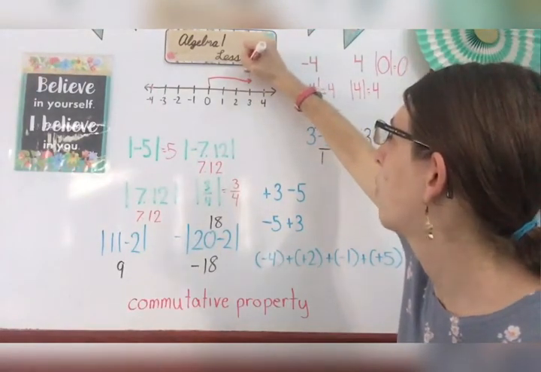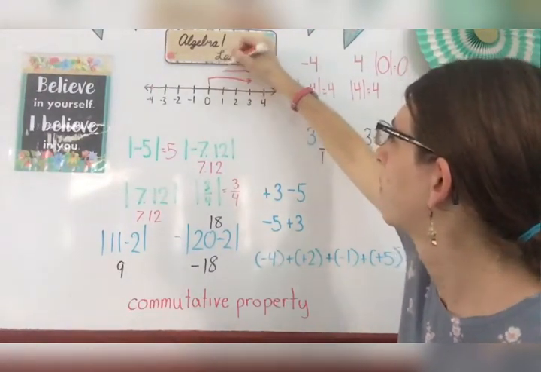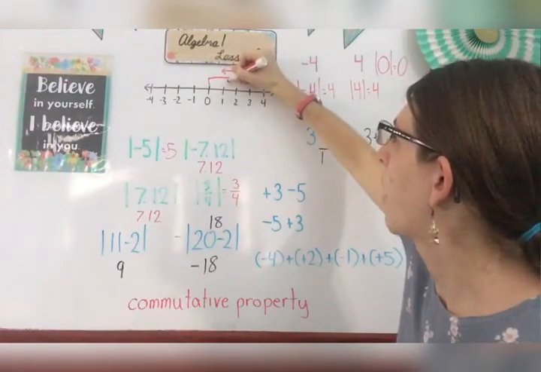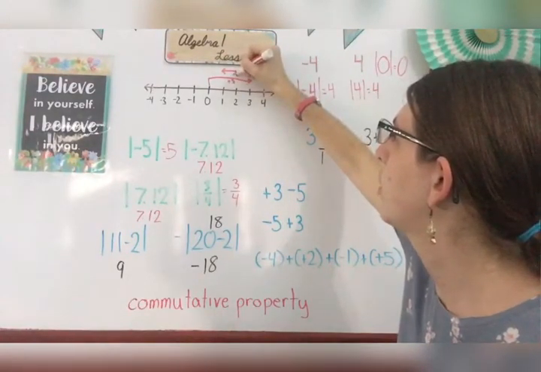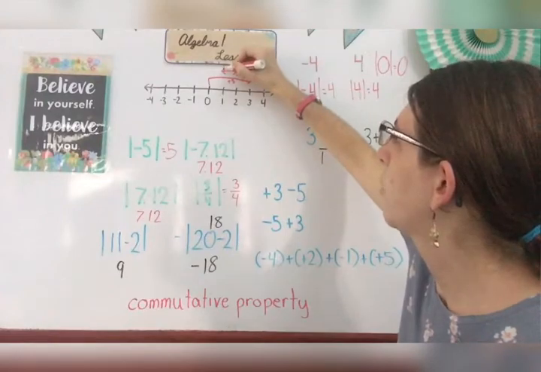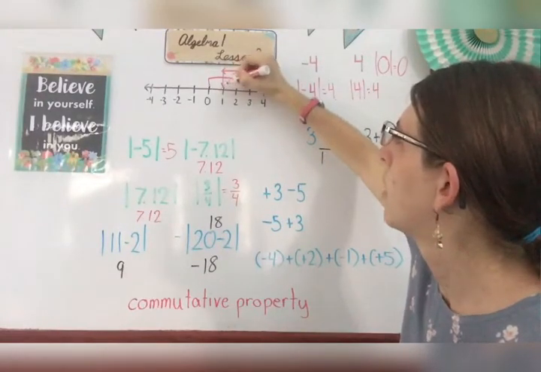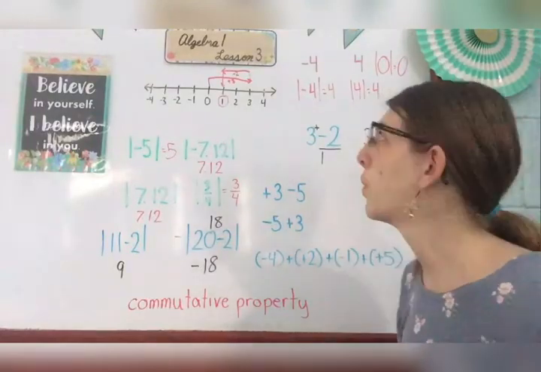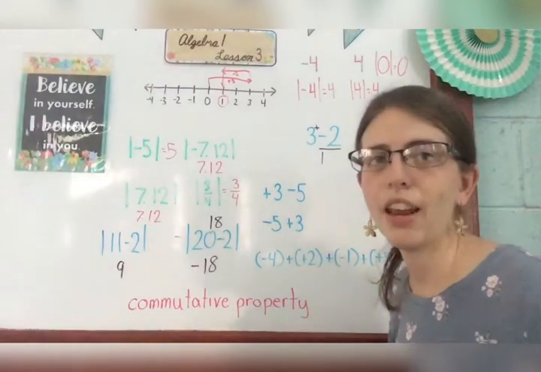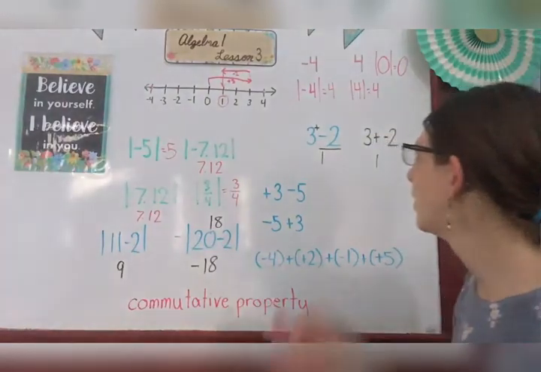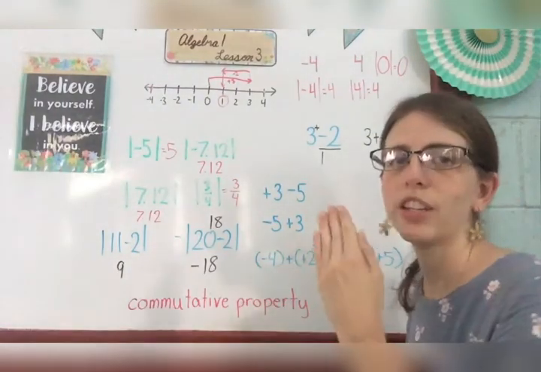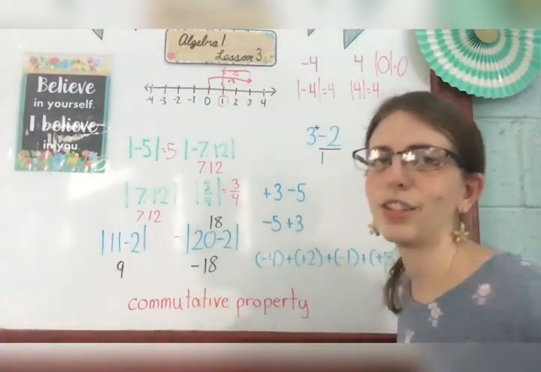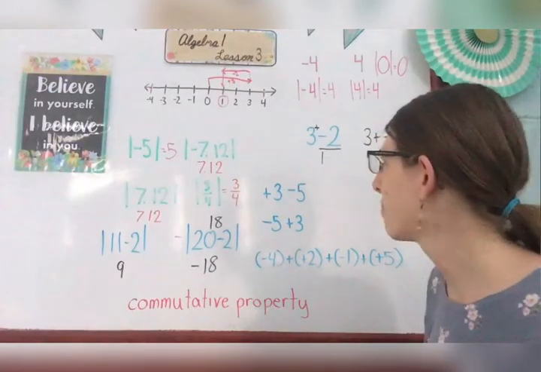So I have to go 1, 2. So this was your +3, this is your -2. And so where did I stop? Right here at the 1. So it's just subtracting it from that number. So 3 plus a -2, we just go 2 places to the left, okay?